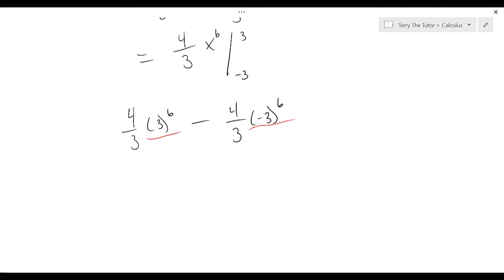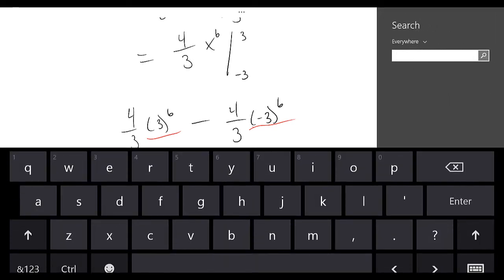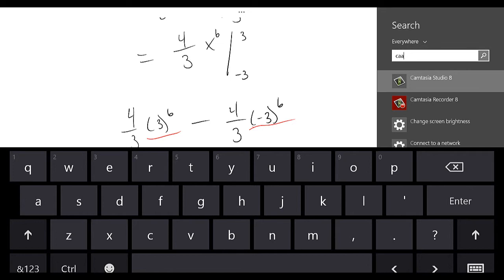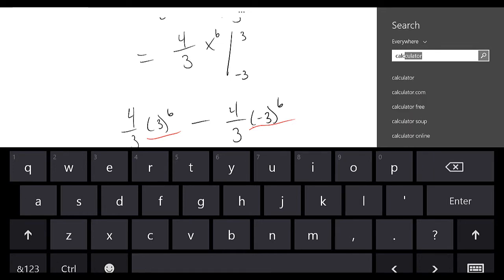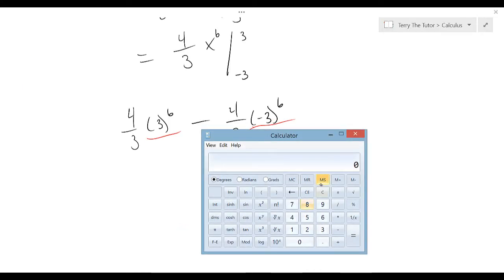Well, let's prove it. Let's search for my calculator on here. Okay, there it is. So we've got 3. Where's my power button? Caret. Do I have one on this calculator? I've never used this one before.